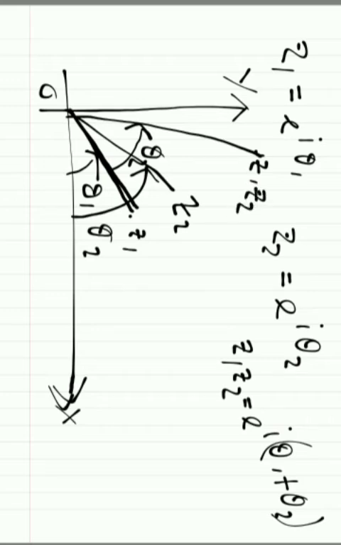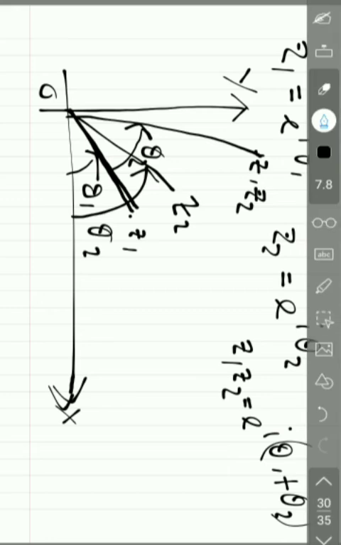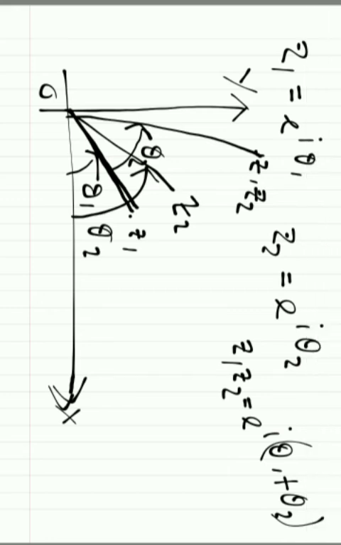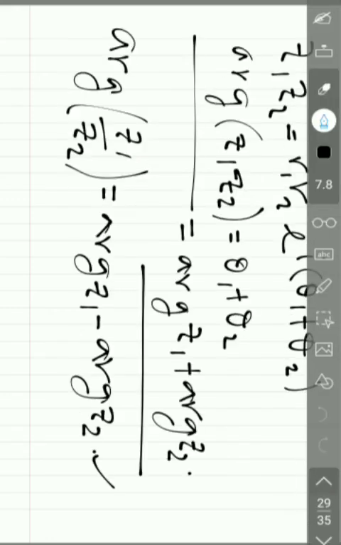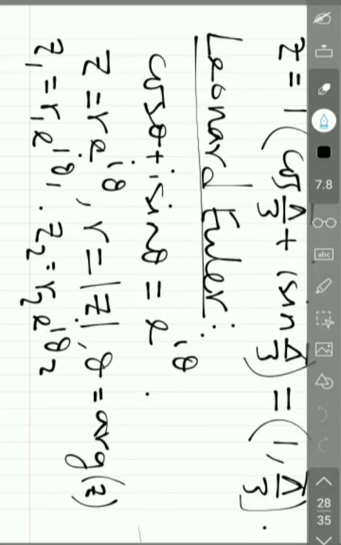So we can consider complex multiplication as a rotation in the counterclockwise sense from the positive direction of x-axis. So this is the thing. This we can see from Euler's theorem, that is r e to the power i theta equals cos theta plus i sin theta.